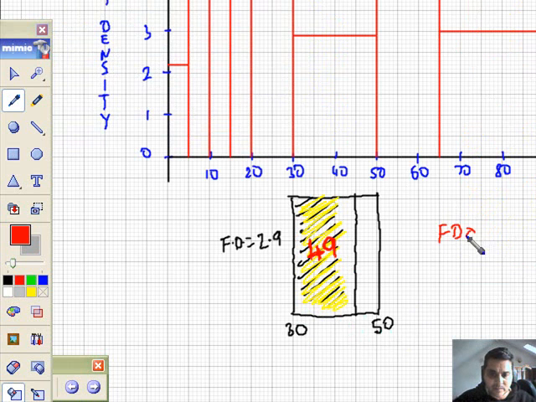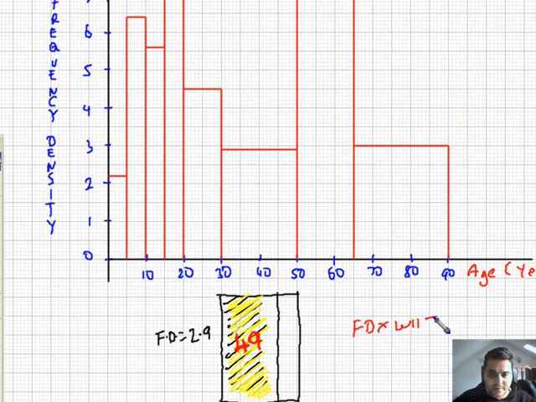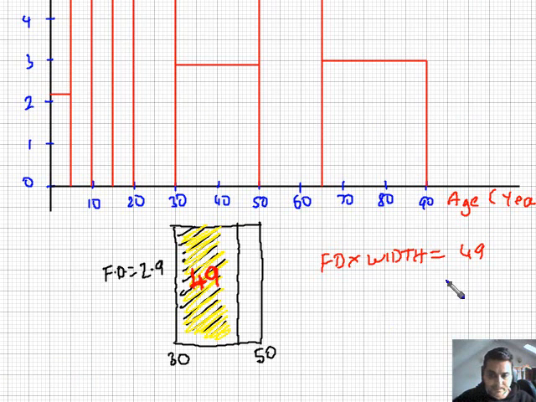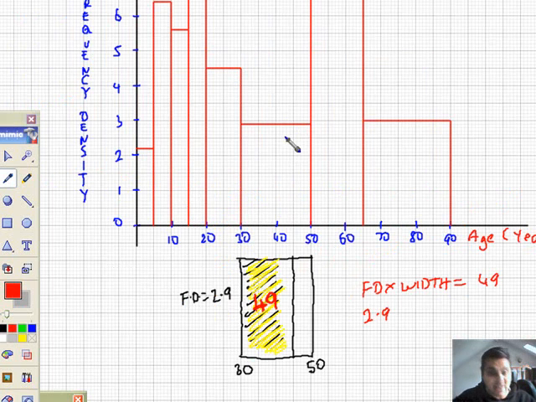Frequency density times the width has got to come to 49 people. Now this time I know my frequency density. It's 2.9 because this 200th person is located in this bar, and this bar goes as high as FD 2.9. So 2.9 times my mystery width comes to 49 people.